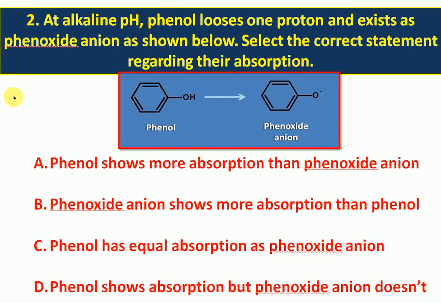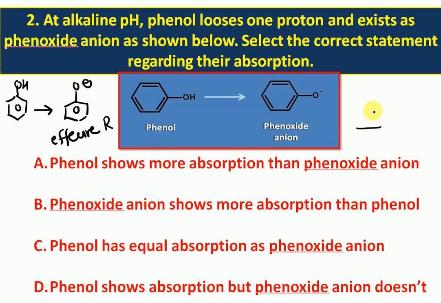So here phenol is treated with base as alkaline pH is given. Whenever phenol is treated with base like NaOH or KOH, it forms phenoxide anion. And what is the important thing here, phenoxide anion shows more effective resonance than phenol.